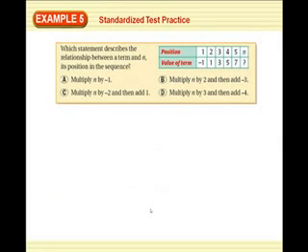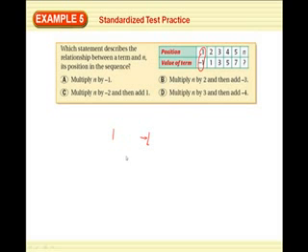Example 5. Which statement describes the relationship between n and its position in the sequence? Okay, what do we do? We don't multiply it by -1. Multiply n by 2. So I'm just going to do this first one right here. That one's n. So 1 and -1. Multiply by -1.